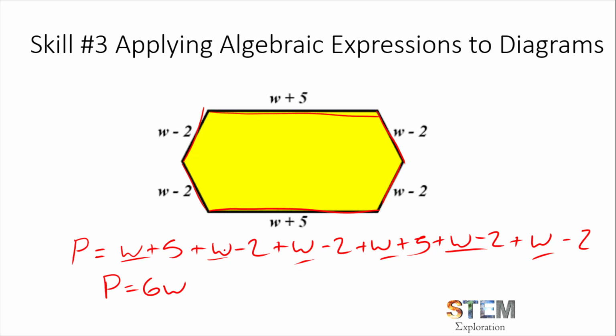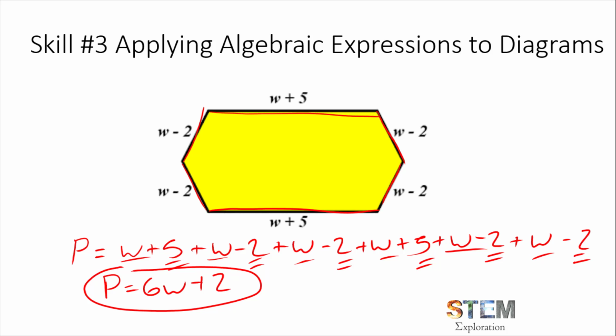And we can go 5 minus 2 would be 3, plus 5 is 8, minus 2 is 6, minus 2 is 4... and we can combine all the variables and all the constants and find that the perimeter of this yellow hexagon is 6w plus 2. And we can take more complicated things and make them simpler just by rewriting them as such.